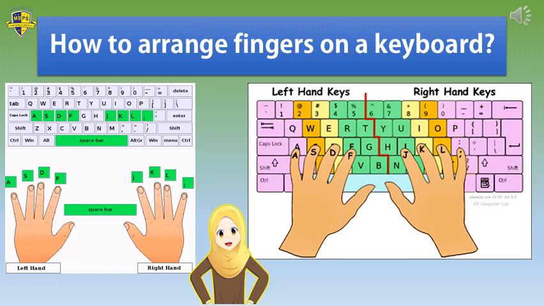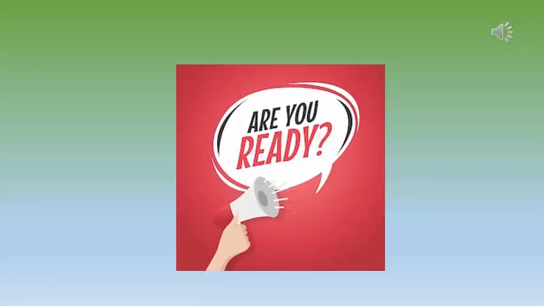And then your left hand thumb should be on the space bar. Bravo. So this is how we are going to keep our hands on the keyboard and place the fingers on a keyboard. It will help us to type, and after practice we will be able to type at speed. So good luck.